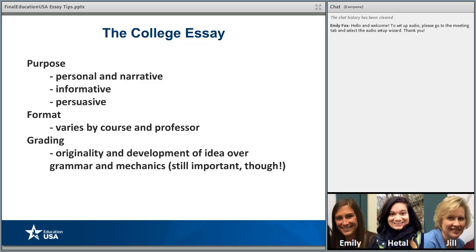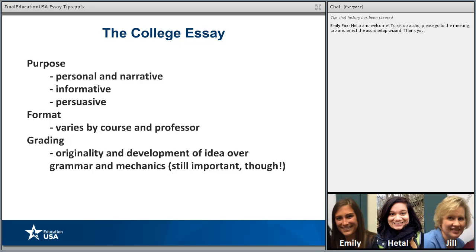So we talk about different purposes of writing for that reason, because there are a lot of different writing situations. And we like to generally narrow it down to three different purposes. So one is that personal or narrative essay, where you are writing about yourself, you're telling a story about yourself, you're helping your readers understand your experience better.